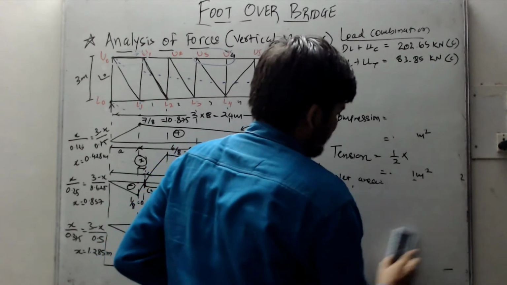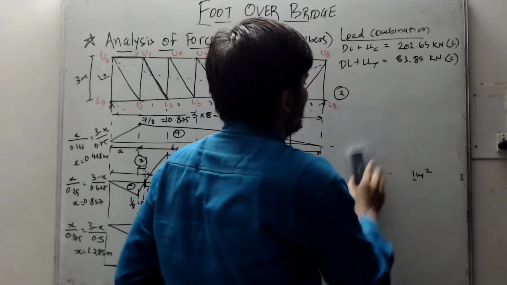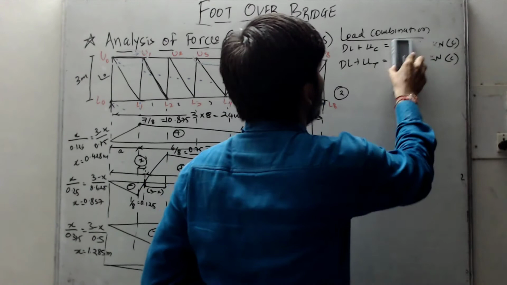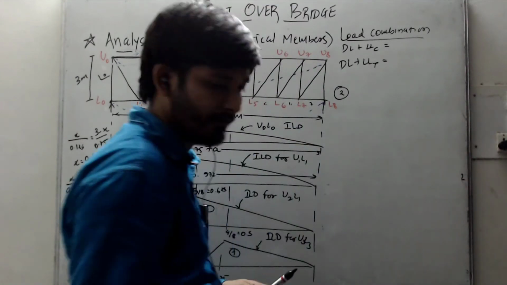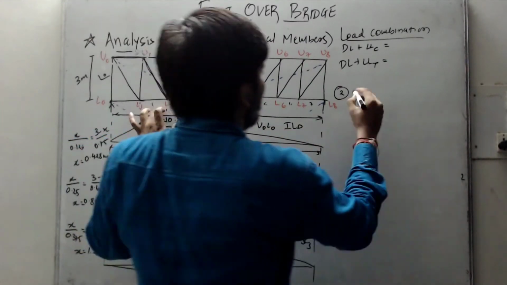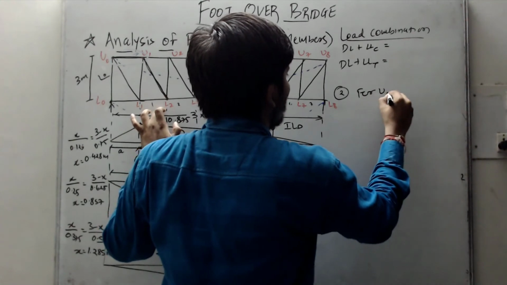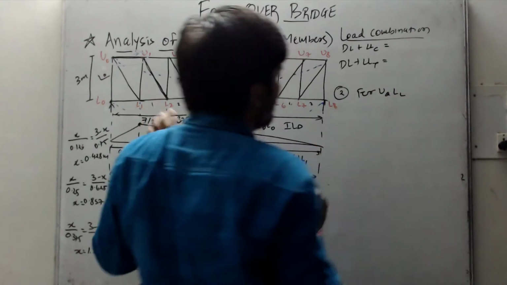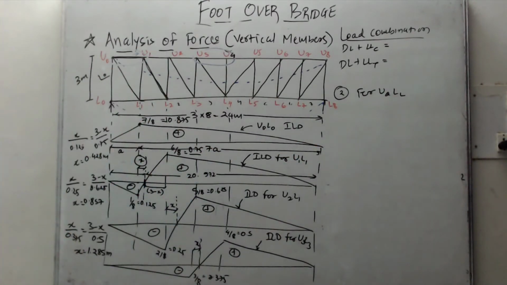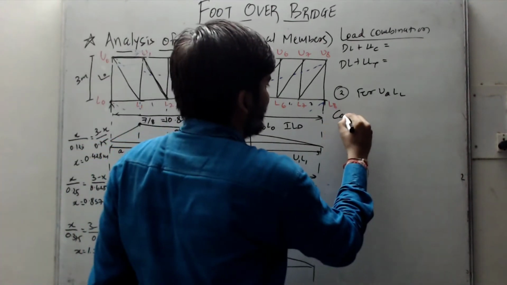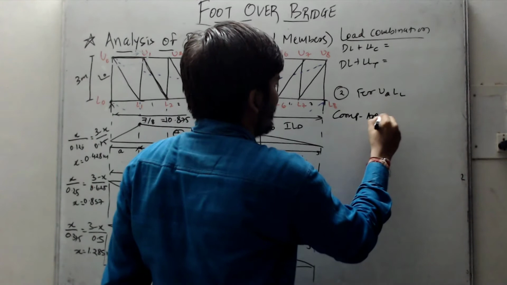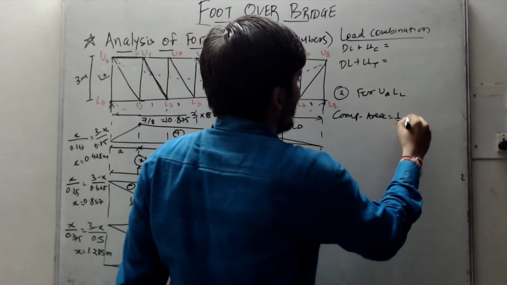Let's do it once again. Instead of changing the values, we're doing it again. So for U2L2, first we need to calculate the compression area, that is 1/2 base into height. 1/2 multiplied by base.